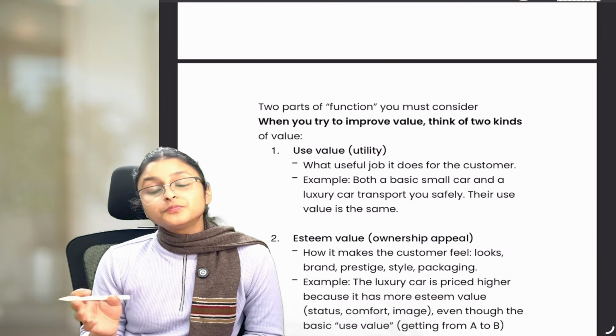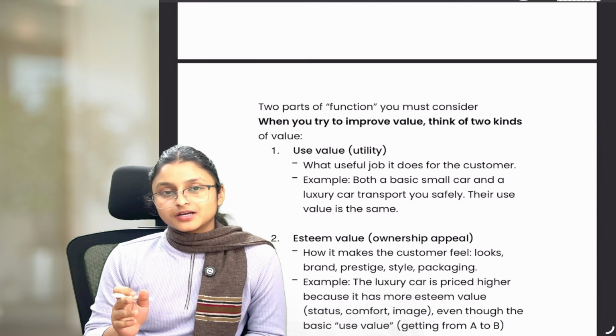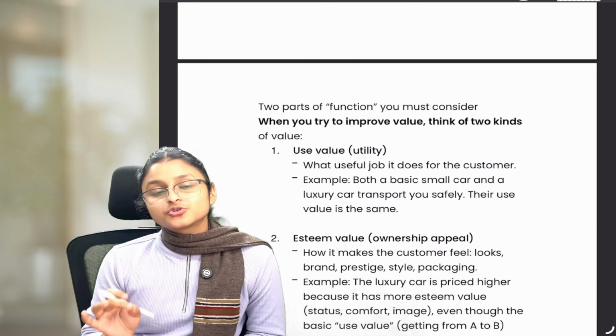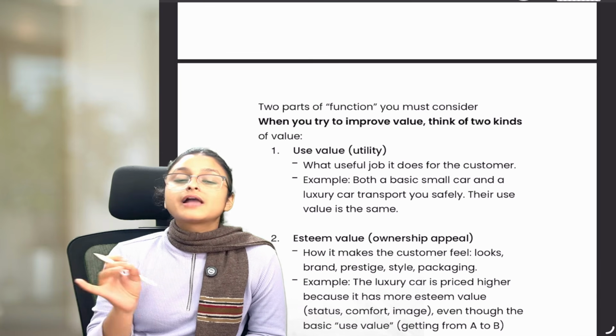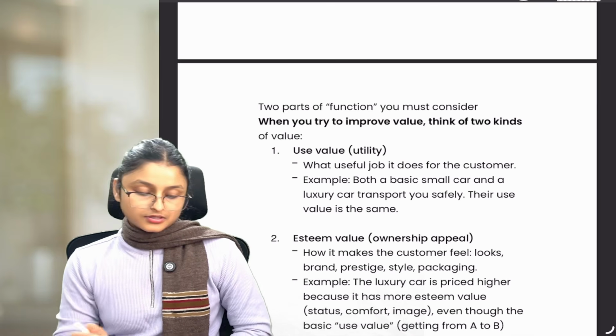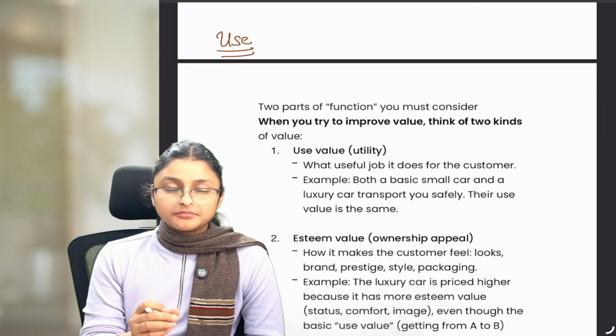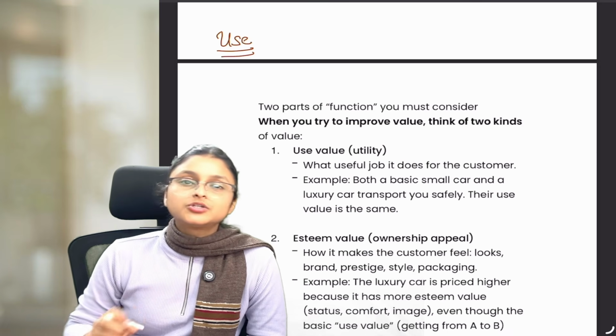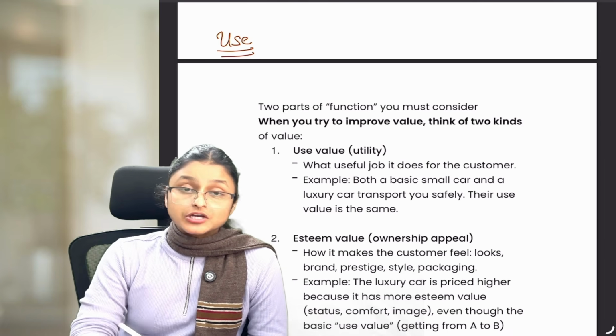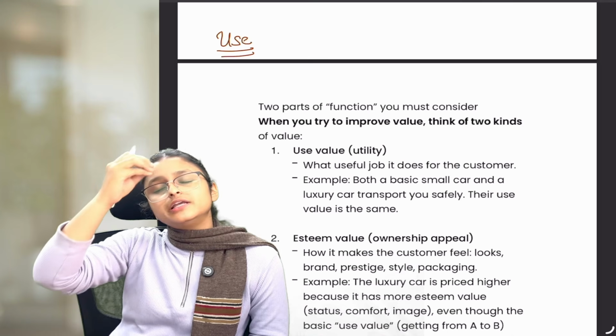Done? Next, two parts of function you must consider. Whenever you are trying to improve value in your product, what should you do? You should work on your use value and esteem value. Think about it. If you want to make your product more reliable or customers should be attracted to it, then I need to focus on the functions, that it should perform really well.